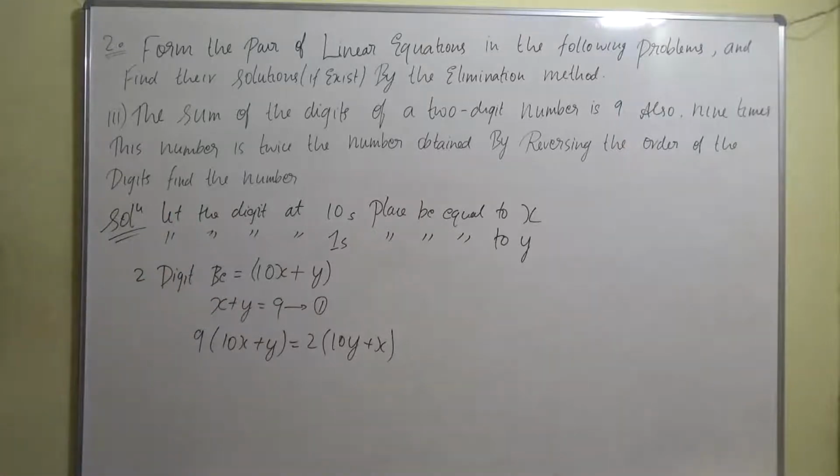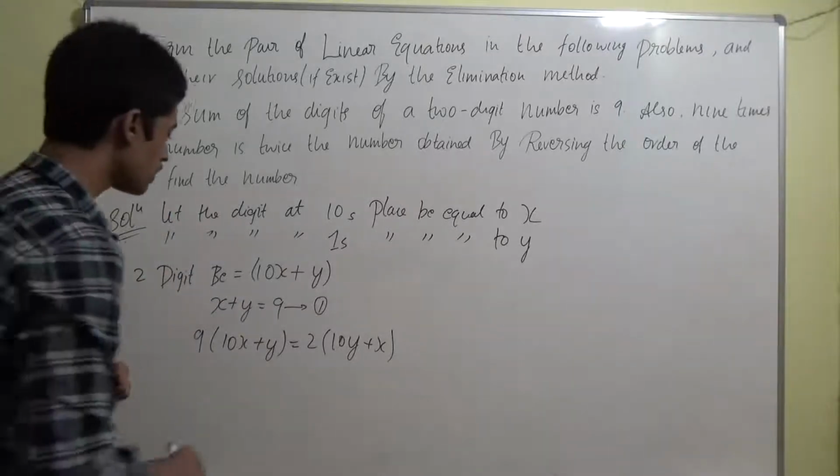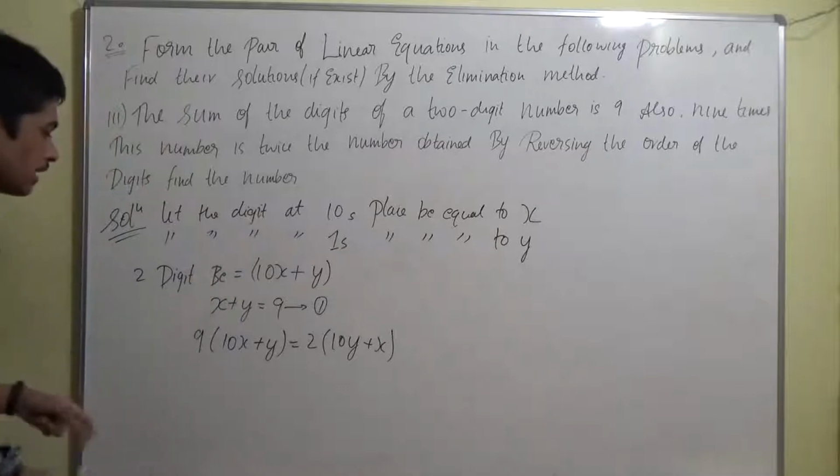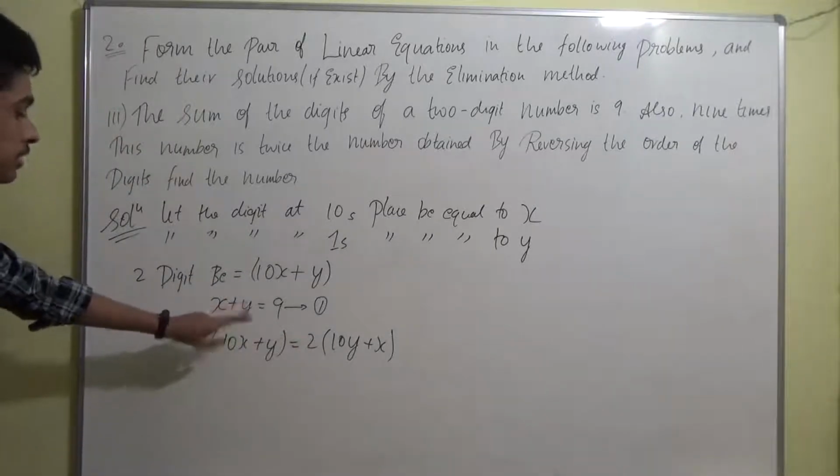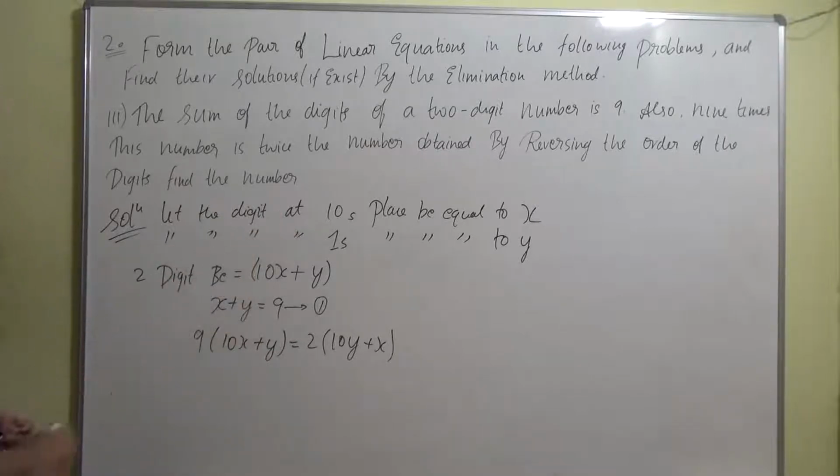Find the number. One equation we got directly; the second you get by simplifying this, and then you solve both to get the values of x and y.